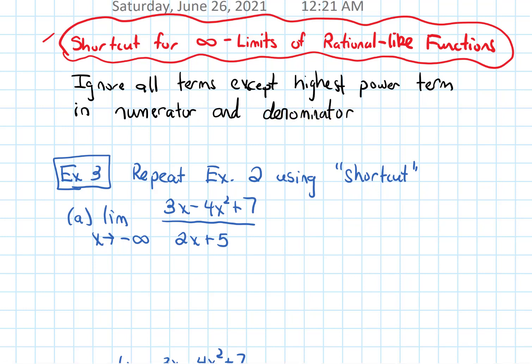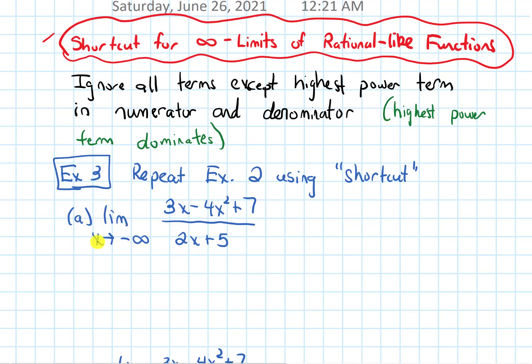And the motivation for that is, we've seen before that the highest power term dominates the growth as x goes to infinity or as x goes to negative infinity. It's growing way more quickly than the lower power terms.